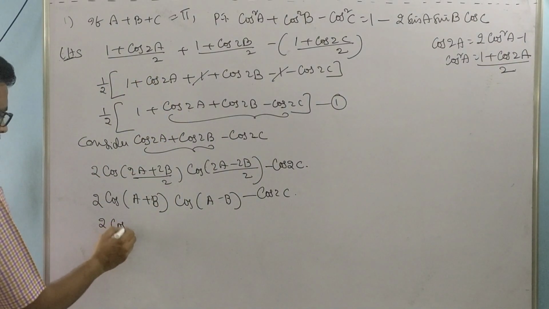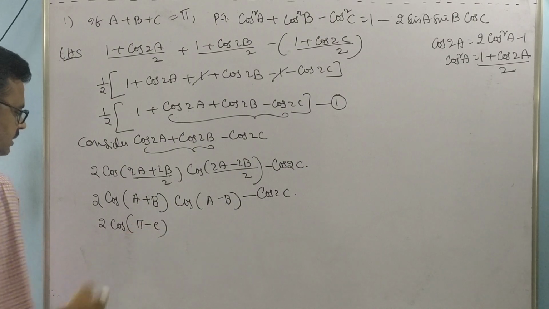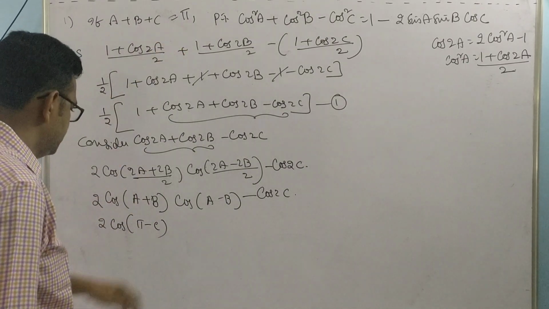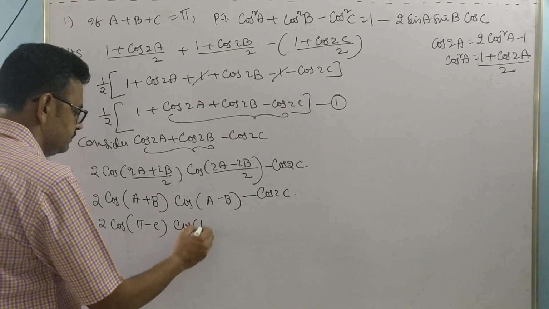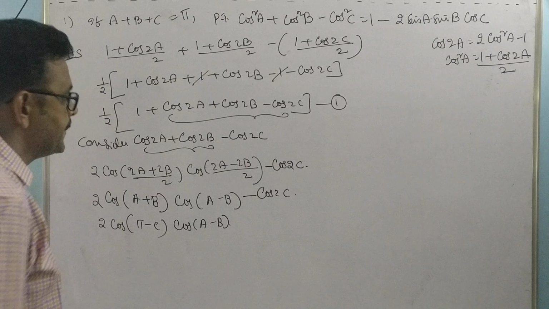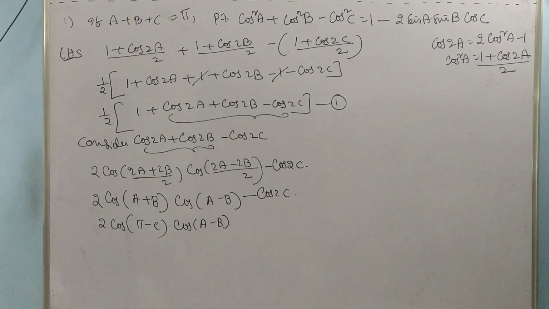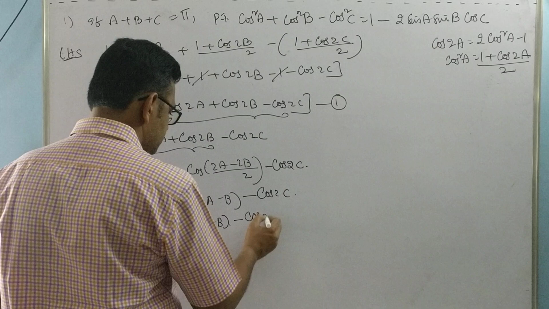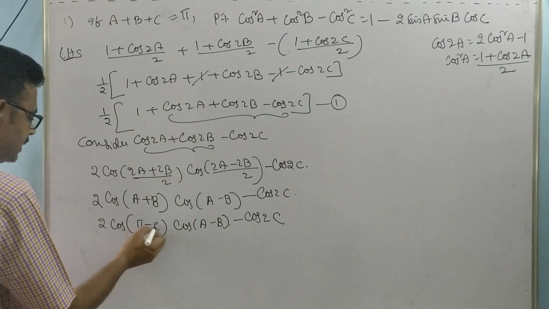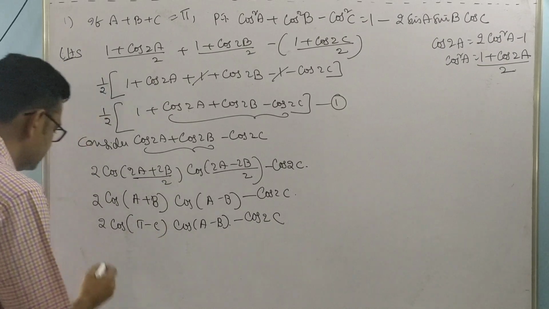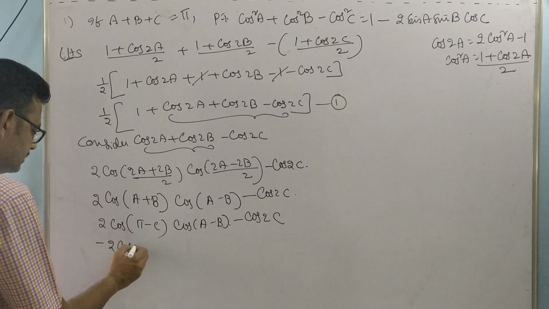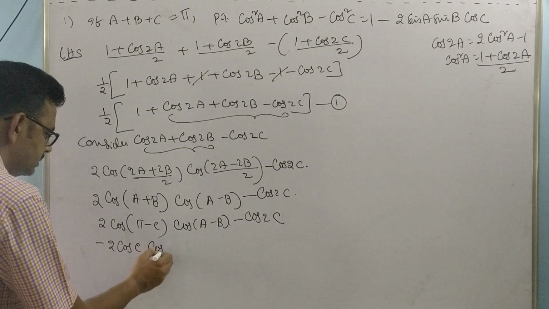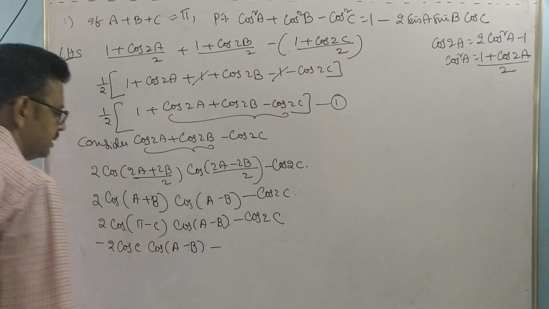So this is 2 into cos of 180 minus C, because A plus B plus C equal to 180 degrees, into cos of A minus B, minus cos 2C.